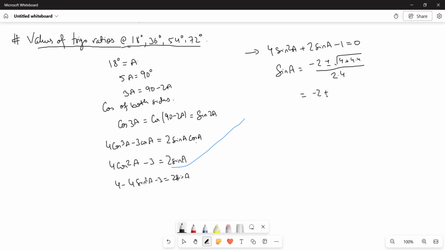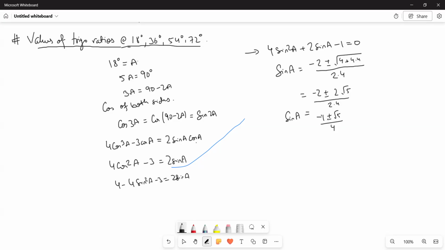So this is minus 2 plus minus 4 root 5 by 2 into 4. ये एक्चुअली 2 होगा ना, रूट 4 के बाहर आएगा तो 2 बाहर आएगा. 4 का एक 2 कॉमन लेके बाहर निकाल दिया, and then this 2 and this 2 get cancelled off. So we'll be left with minus 1 plus minus root 5 by 4 is the value of sin A.